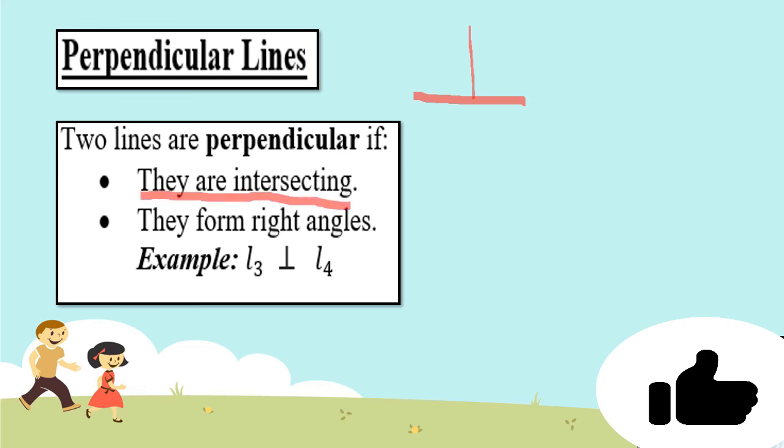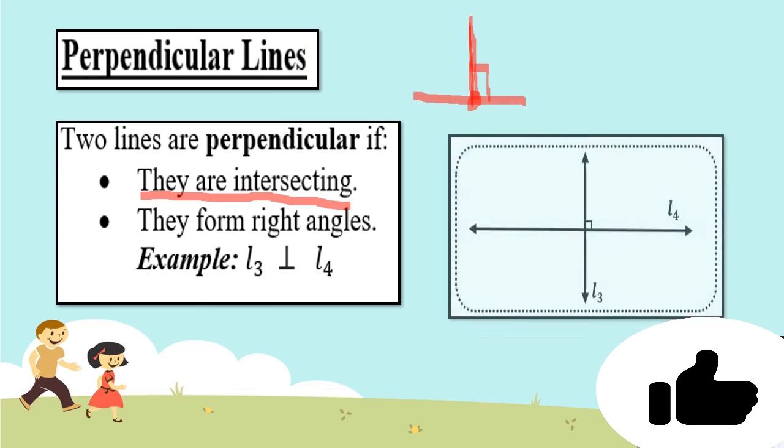So the two lines intersect. This will be the intersection point of the two lines. They form right angles. If they are intersecting each other, then they form a right angle if the two lines are perpendicular to each other.